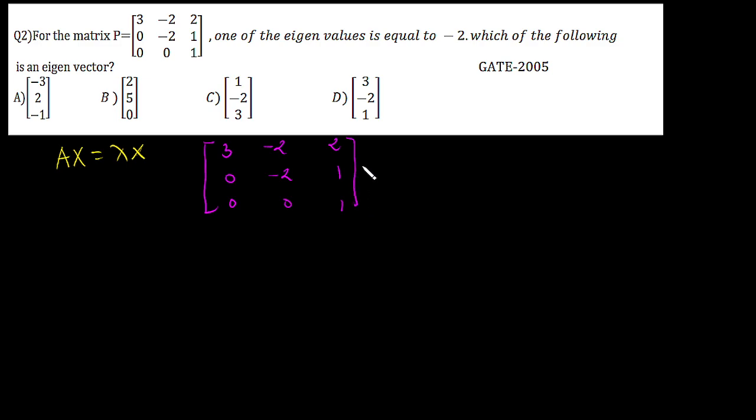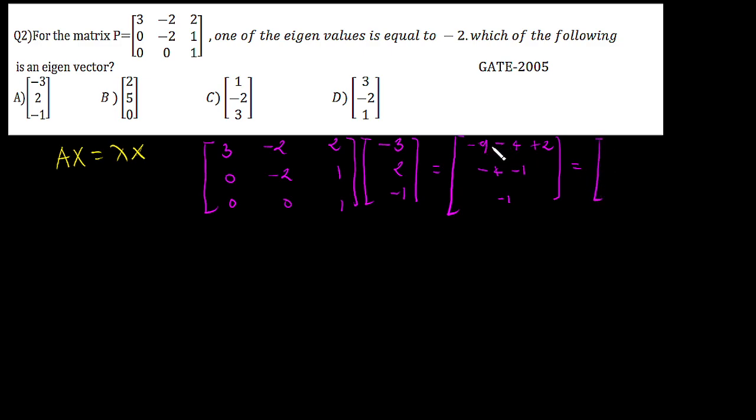Now let's multiply this matrix with the vector given in option A, which has values -3, 2 and -1. Let's do this multiplication. What we are getting here is -9 - 4 + 2, then -4 - 1, and -1. Let's further simplify it.